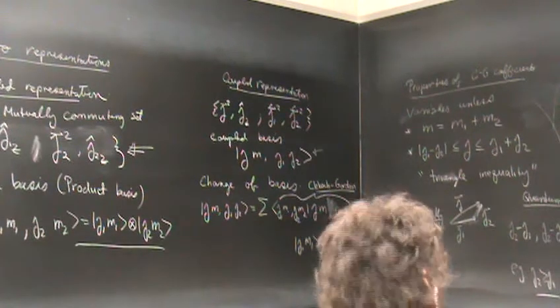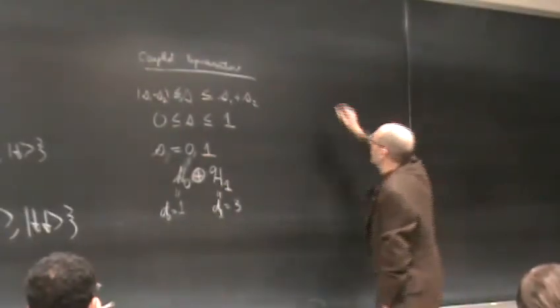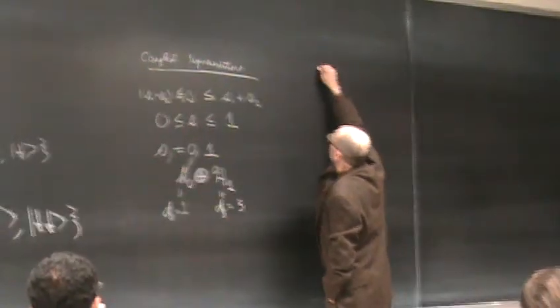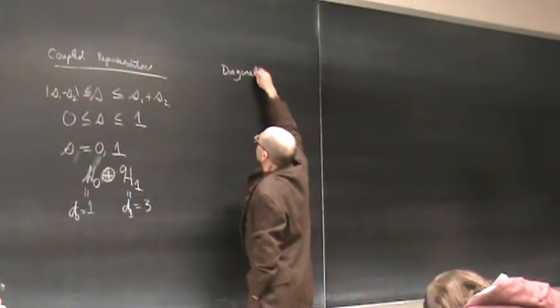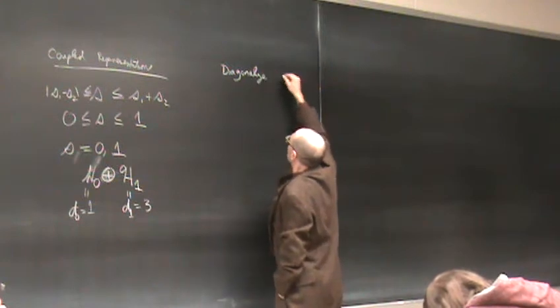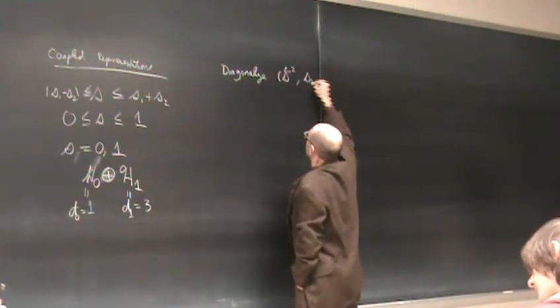We have to find the basis which simultaneously diagonalizes those, right? So let's diagonalize the total S squared and the total Sz.